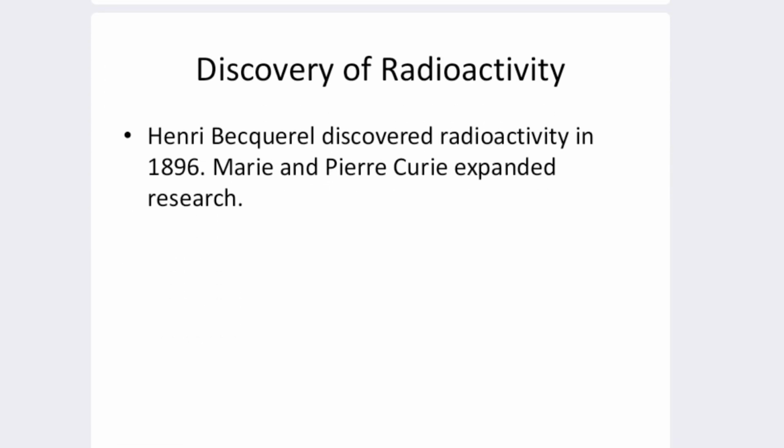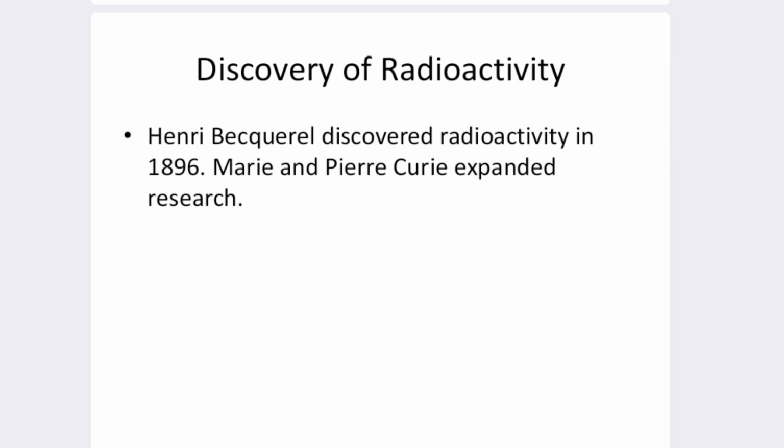It was discovered by Henri Becquerel in the year 1896, and Marie Curie and Pierre Curie explained the research of radioactivity. Becquerel left some uranium salts wrapped in black paper on a photographic plate in a dark room. When he developed this photographic plate, he found that the plate was affected.